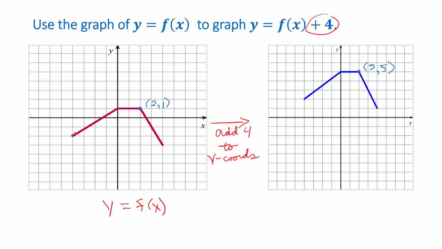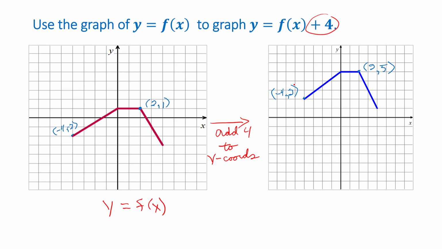For the point negative 4, negative 2, we added 4 to that y-coordinate of negative 2 to bring us to the point negative 4, 2, and so forth. So we've essentially shifted the graph of y equals f of x up by 4 units.